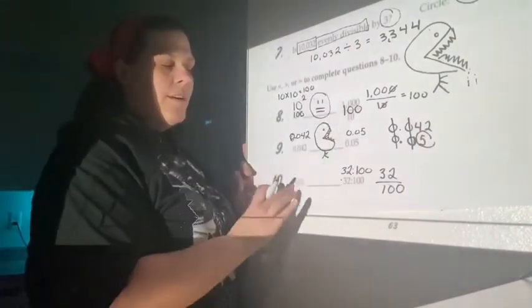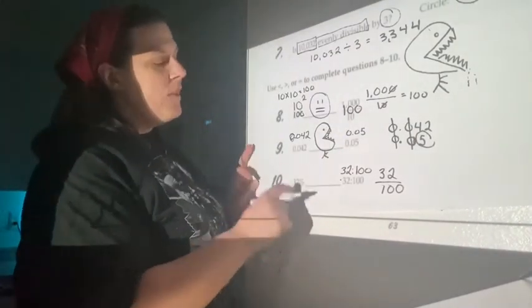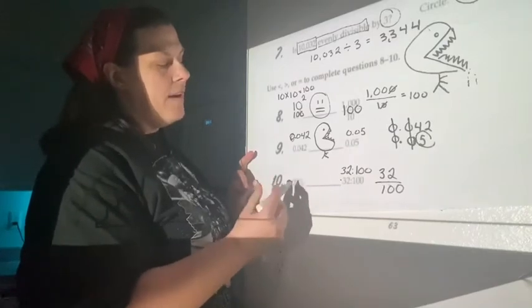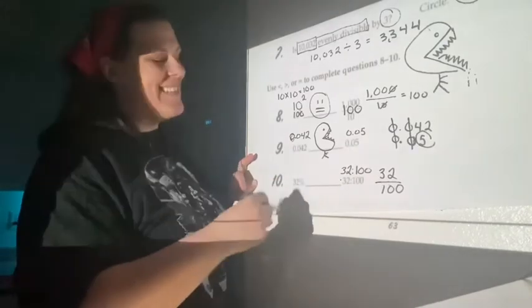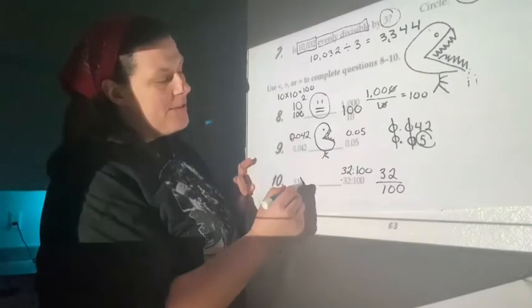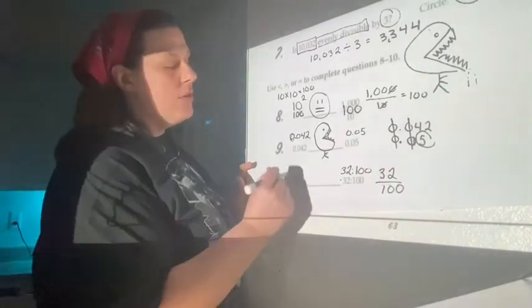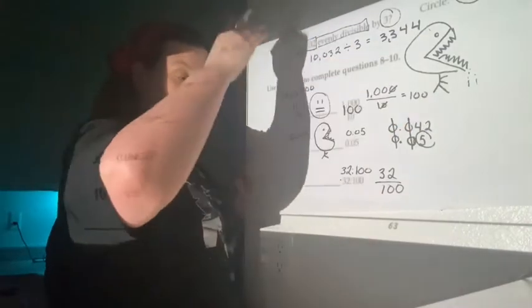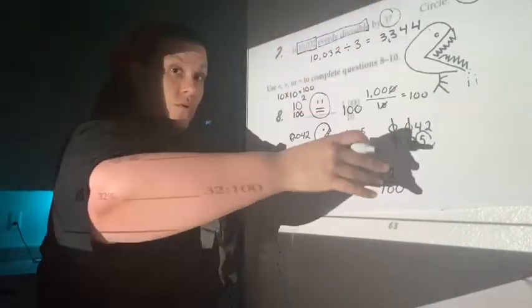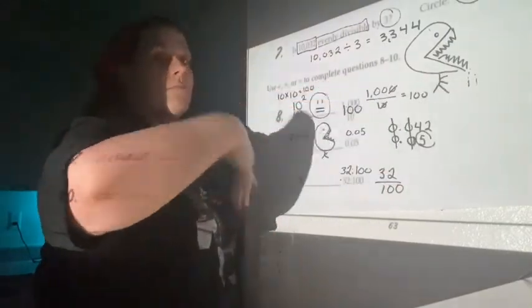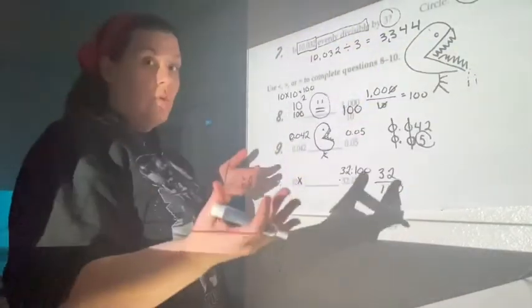When we were working with fractions, the first thing we do is get rid of the percentage sign. To get rid of the percentage sign, all you have to do is divide, correct? So if we're going from percentage to decimal to fraction, you have to do what?